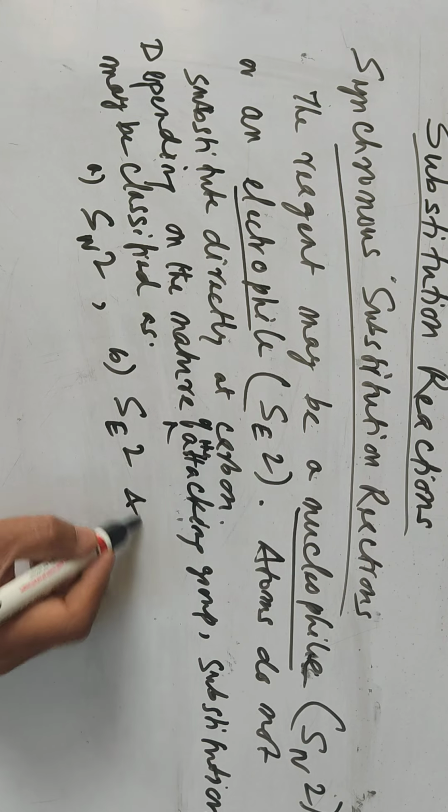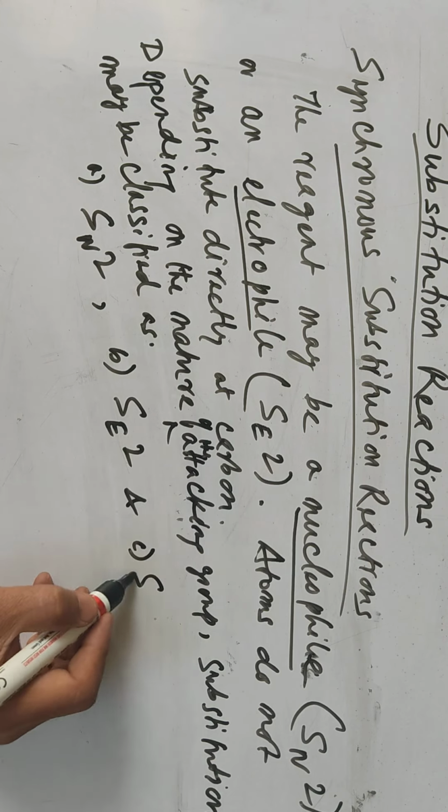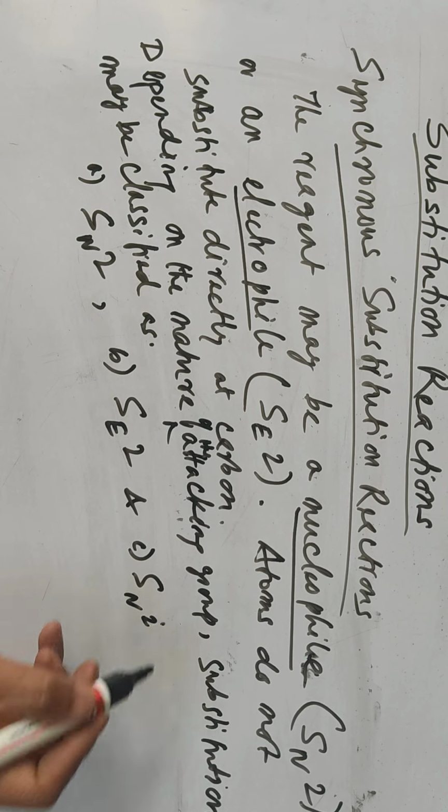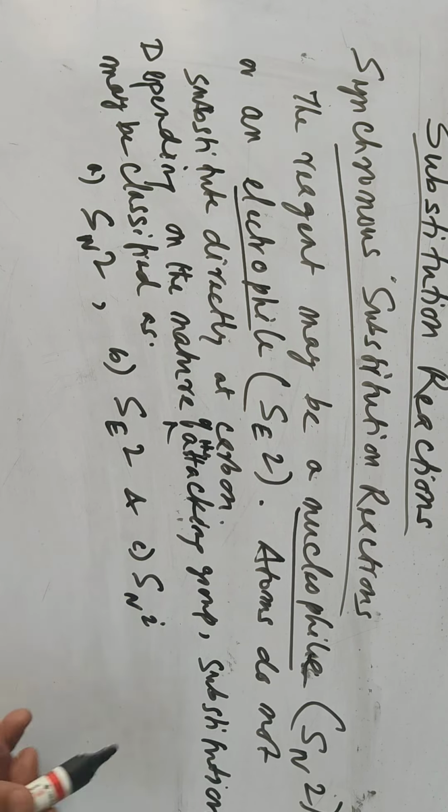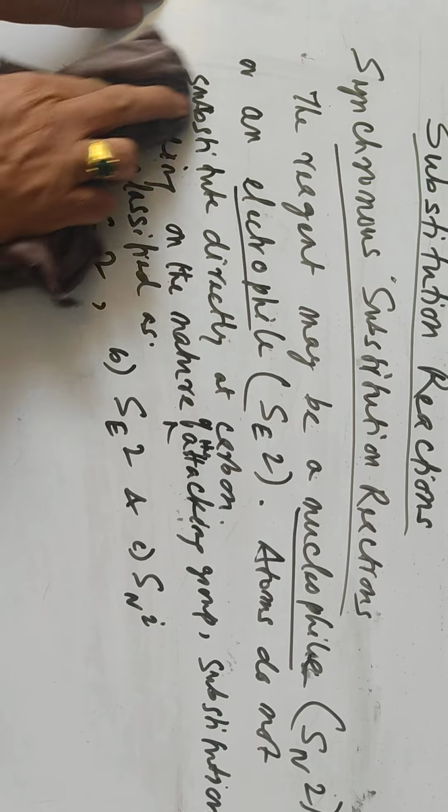And third one is SNi, that is substitution nucleophilic internal reaction. So you can have three types of this concerted system in synchronous substitution reactions: SN2, SE2, and SNi. They are concerted.